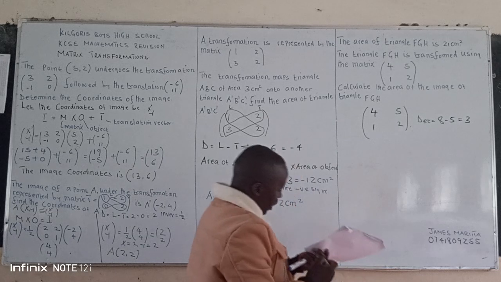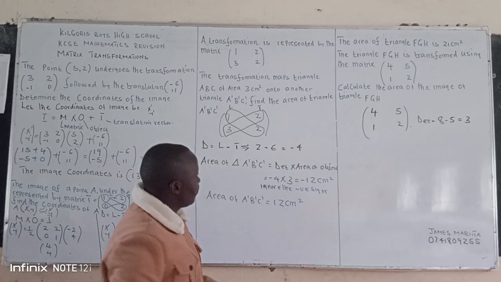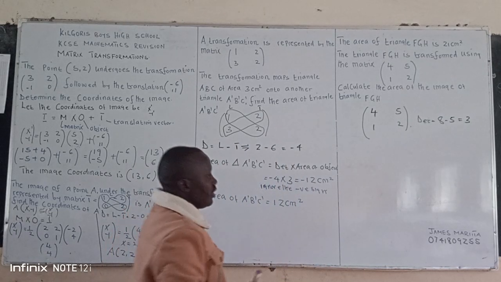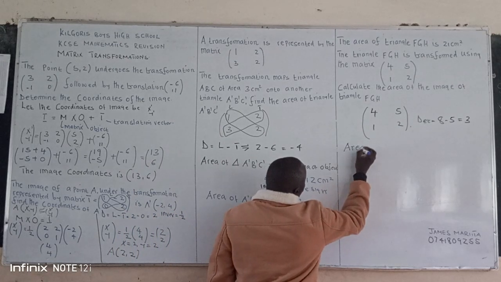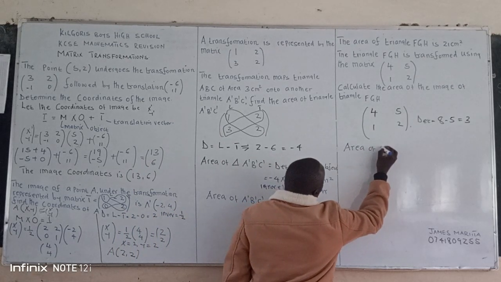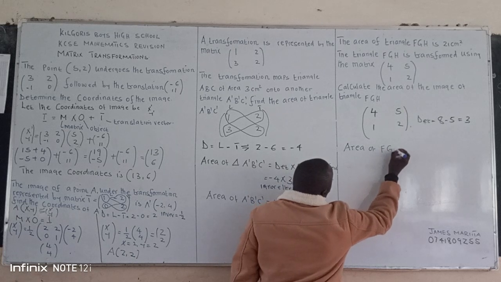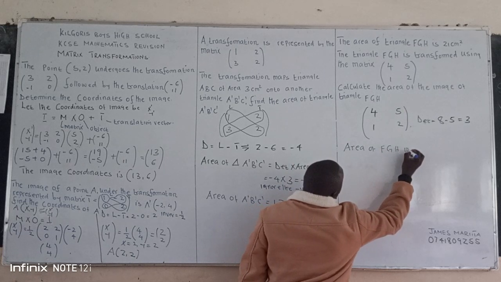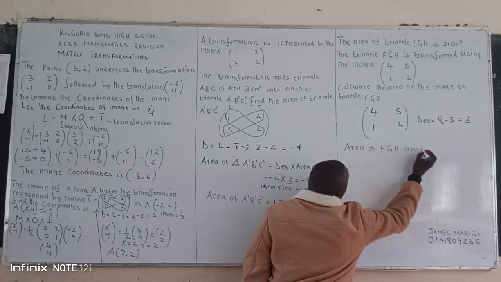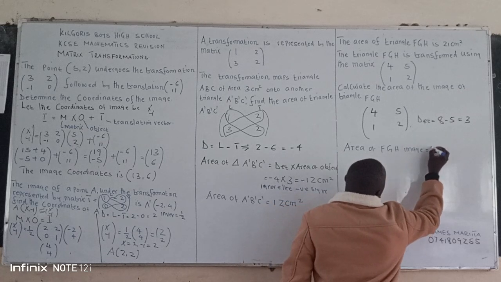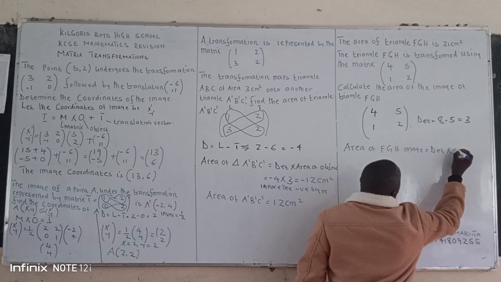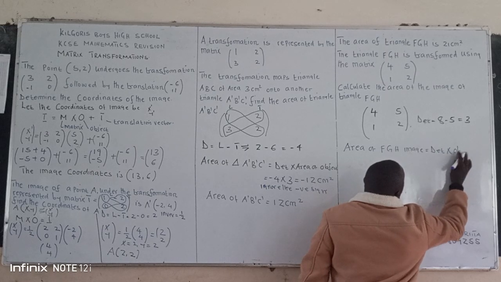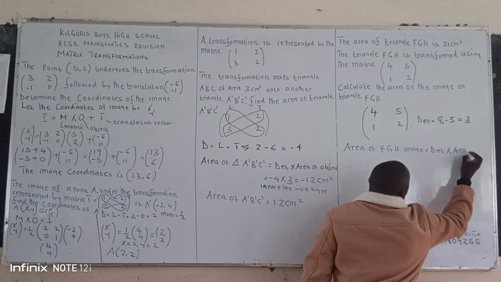So to get the area of the image of that triangle, the area of the image FGH is equivalent to the determinant multiplied by the area of the object.